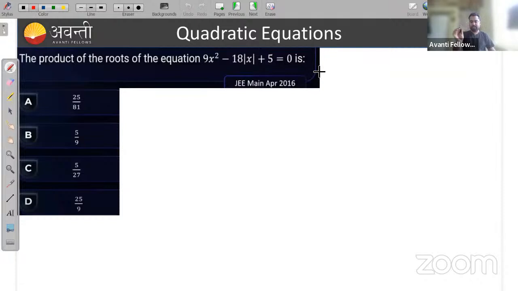Now, this question was asked in 2016 JEE Main. The product of roots of this equation. Similar type of questions. Can you solve it, guys? Actually, in this type of question, students make a lot of mistakes.